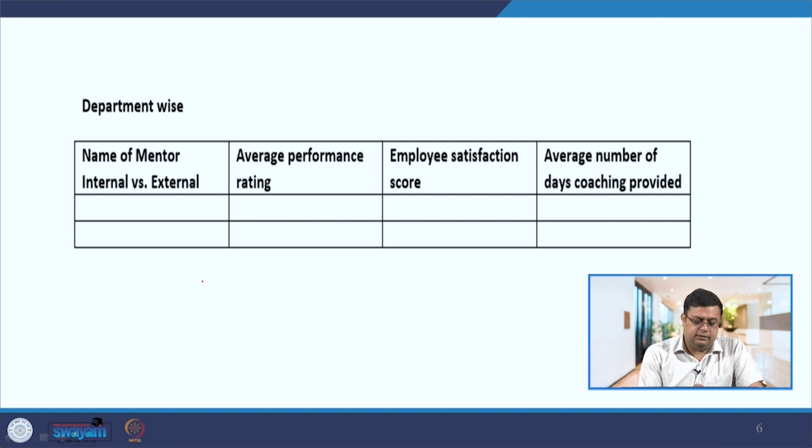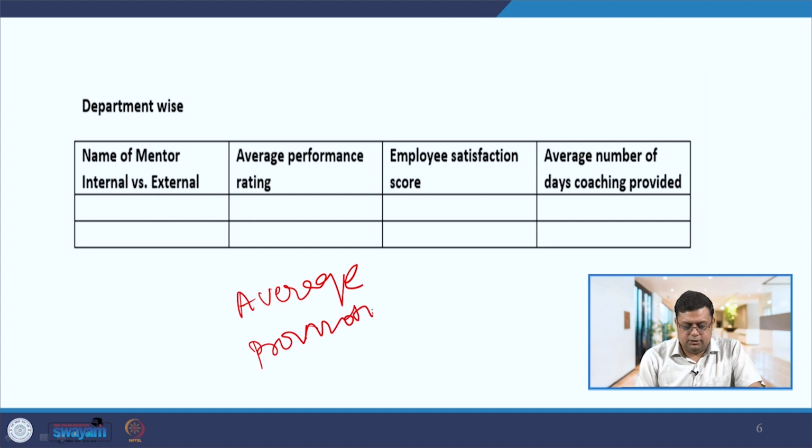One more thing you can add is the average promotion rate.